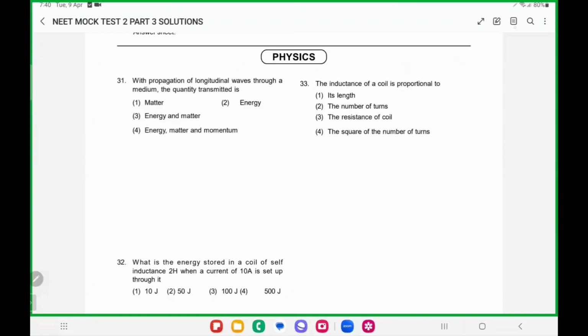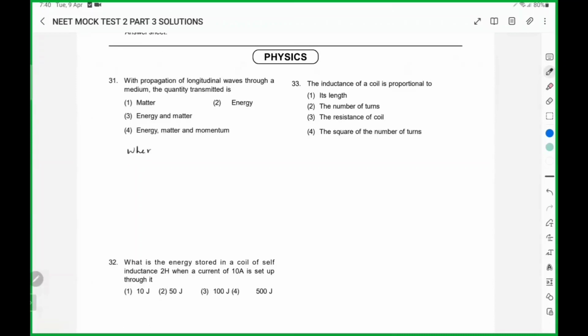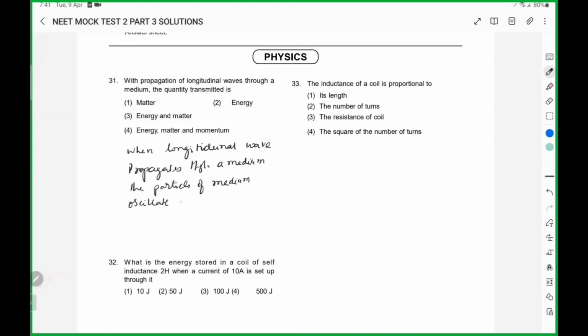Here, when a longitudinal wave propagates through a medium, the particles of the medium oscillate back and forth, but no physical permanent transmission takes place.